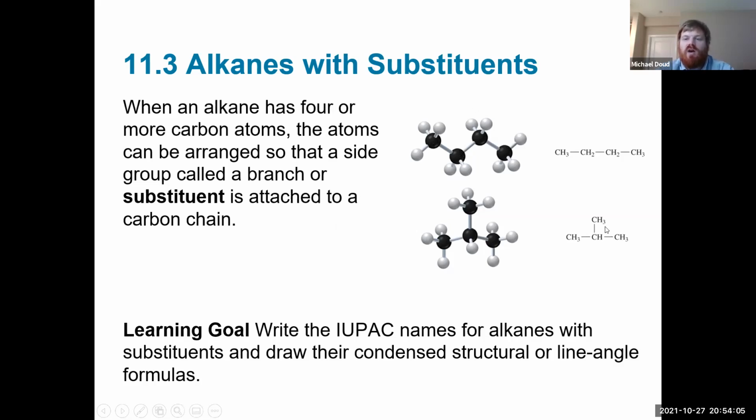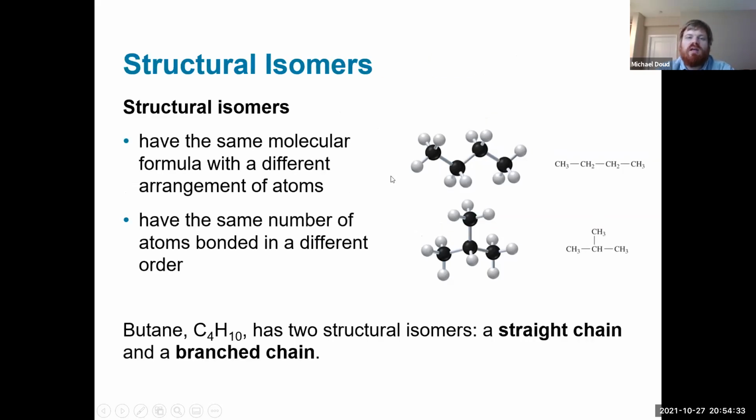And in fact, oftentimes we see branches in the chain, where here, this has the same molecular formula, but we've got 4 carbons and 10 hydrogens, but the middle carbon is actually bonded to 3 carbons. And so we have a CH group in the middle that's then bonded to 3 CH3 groups. So we're talking about how we name these here in a little bit.